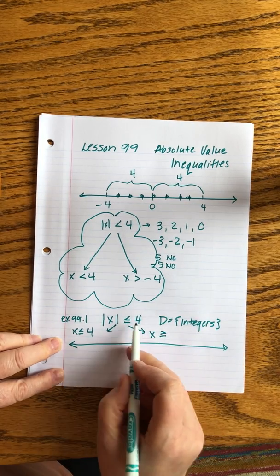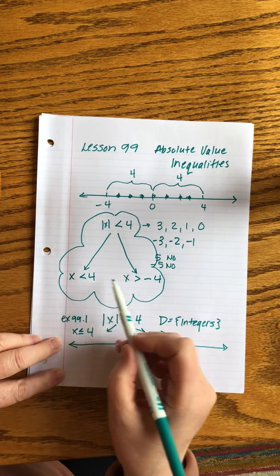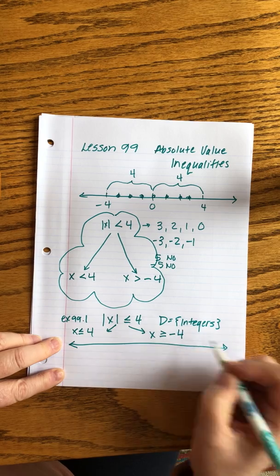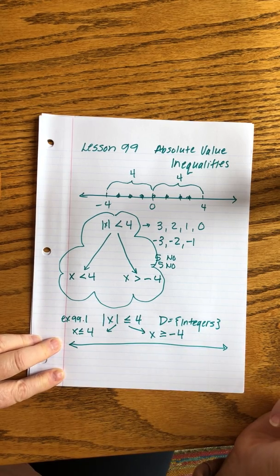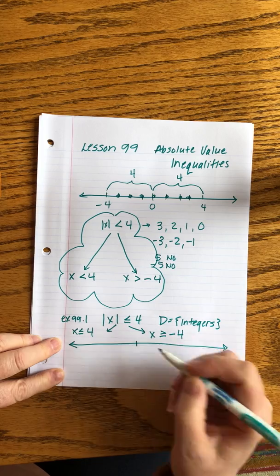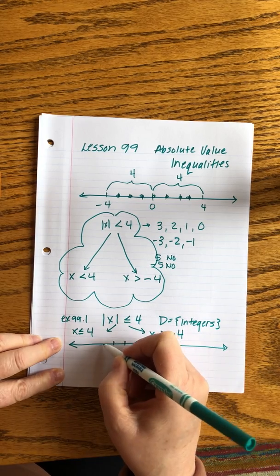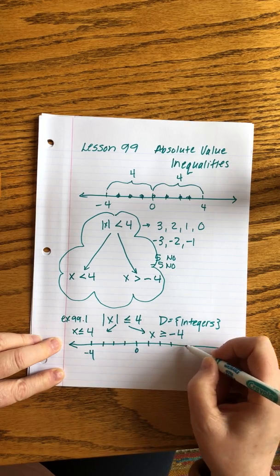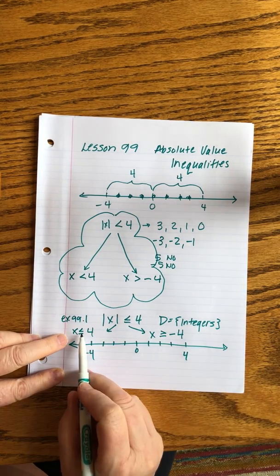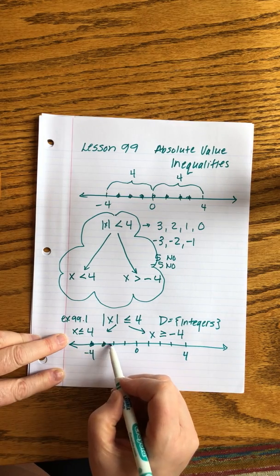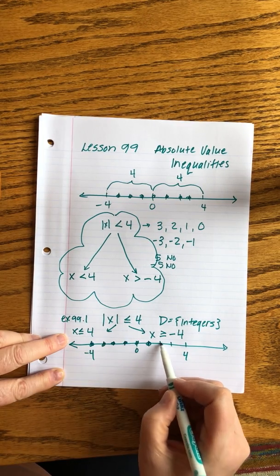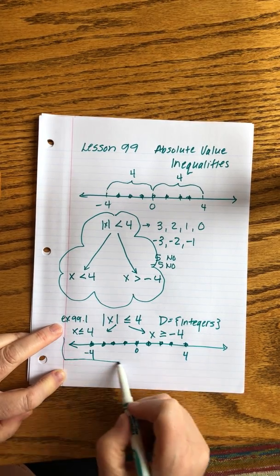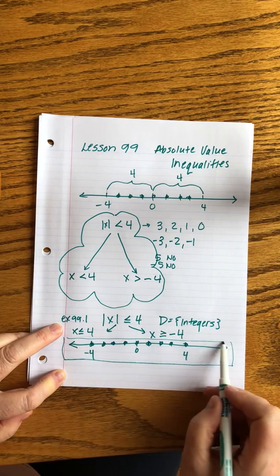Notice I'm not changing whether it's equal to, right? That stays the same. We just literally flip it, and then we take the opposite of that number. Okay, and then we graph. 1, 2, 3, 4, that's minus 4, that's 0, 1, 2, 3, 4, that's positive 4. We want to include 4 in our solution, but otherwise, that's what our picture looks like. And that's the right answer.